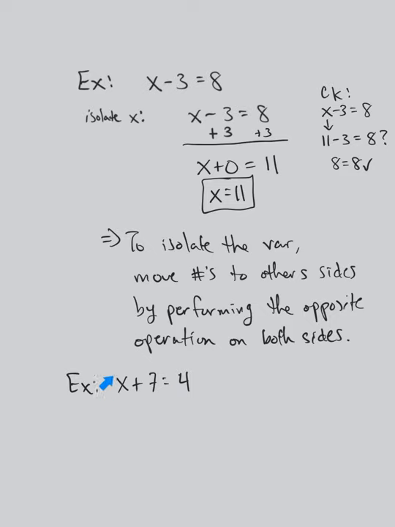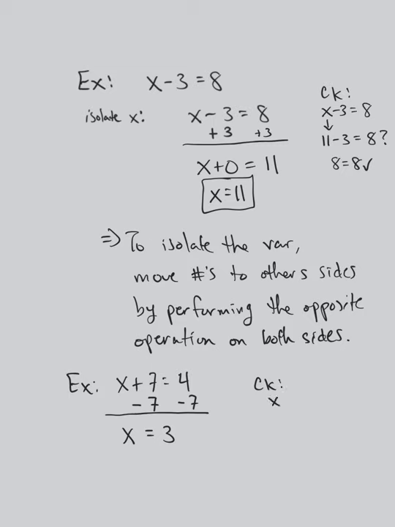So x isn't isolated right now. It has this plus 7, so what do I do to get rid of that plus 7? I do the opposite operation, so I subtract 7. Okay, like that. And so then I get x over on my left side, and I get 3 over on my right side, right? So now I think I'm correct, and so I want to go and check it.